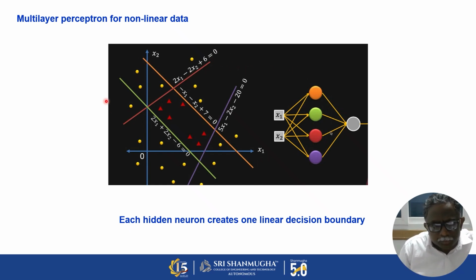The second one is going to be this one. Based on that, we can classify the nonlinear data. So what is nonlinear data here? The triangle with the red mark is one class, and the circle with the yellow is another class. So we can use these linear boundaries to classify the nonlinear data.